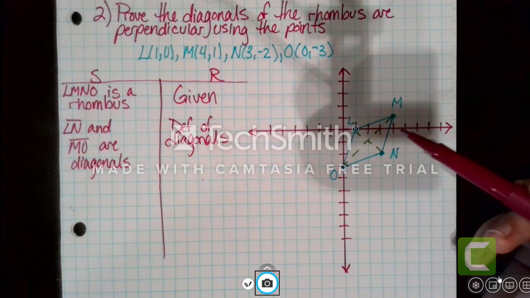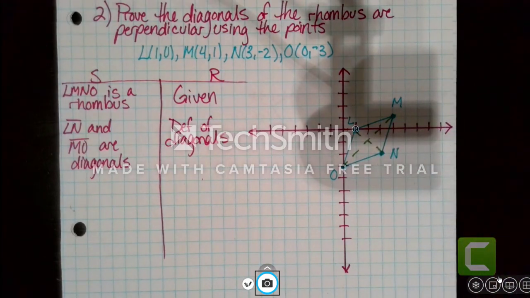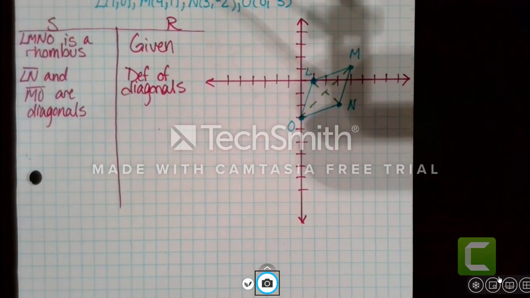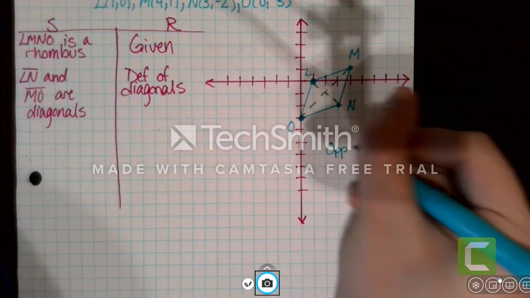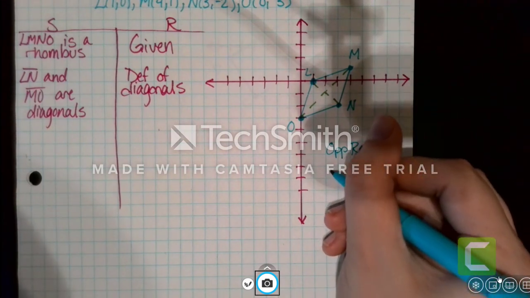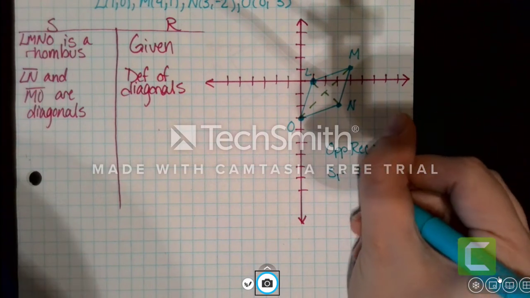So if we know that these two are diagonals, we now have to prove that they're perpendicular. And to prove that something is perpendicular, we have to prove that the slopes of each line are opposite reciprocals. Now, opposite reciprocals mean that for one slope, we'll do slope 1, say it's a slope of 2.